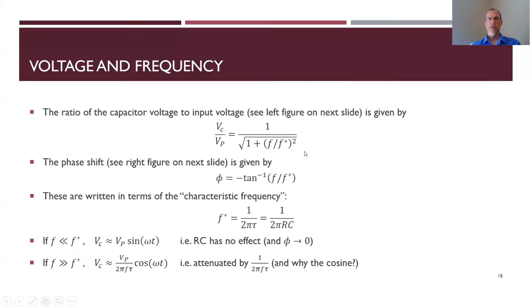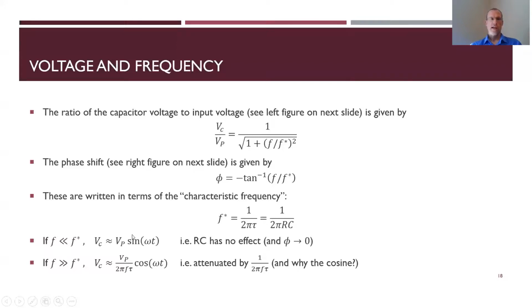So just the amplitudes, and that's essentially this omega tau squared becomes f over f star squared. And same thing for the phase shift, omega tau becomes f over f star.